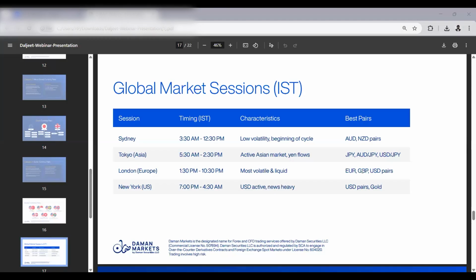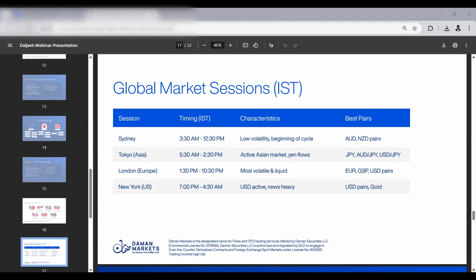The second session starts from 5:30 a.m. and runs till 2:30 p.m. The third session, the London session, starts from 1:30 p.m. and runs till 10:30 p.m. And the New York session starts at 7 p.m. in the evening and is available till 4:30 a.m. Indian Standard Time. So according to this, this market is available to trade 24 by 5. A person can trade 24 by 5, Monday to Friday, in this global financial market.